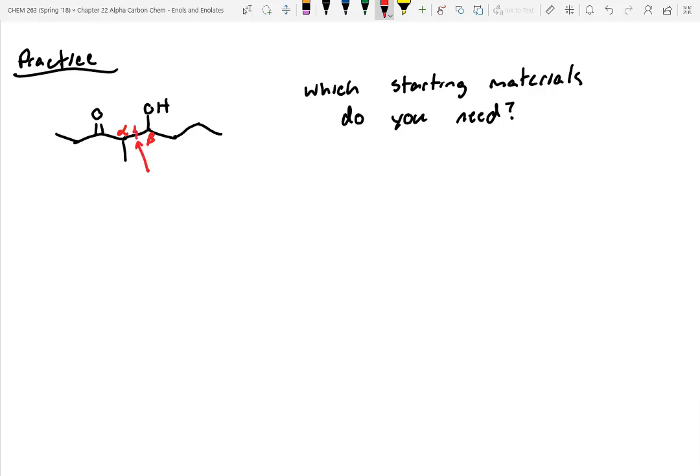That means that this bond was made. And if we think about it, what did this bond used to be right here, between the beta carbon and the oxygen? It used to be a double bond.